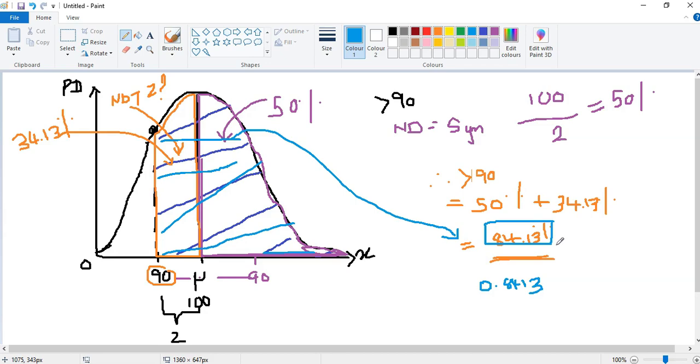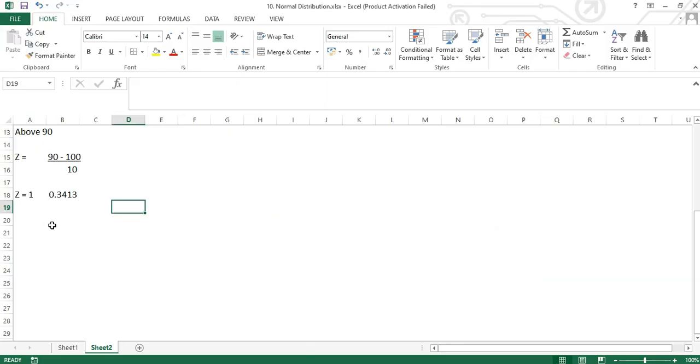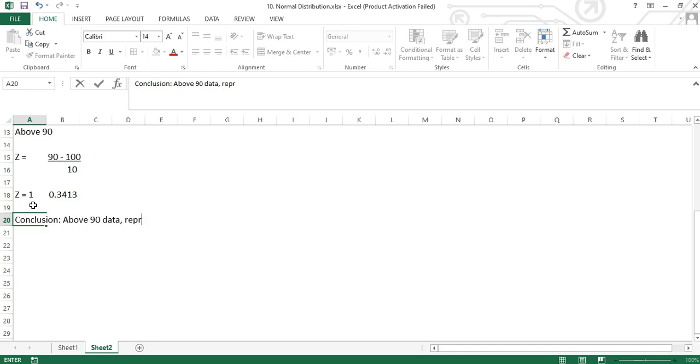That's how you must interpret it in your exam. So you should say the conclusion is: the data above 90 represents 84.13% of the total population.